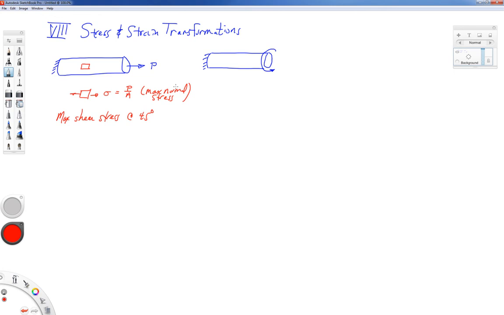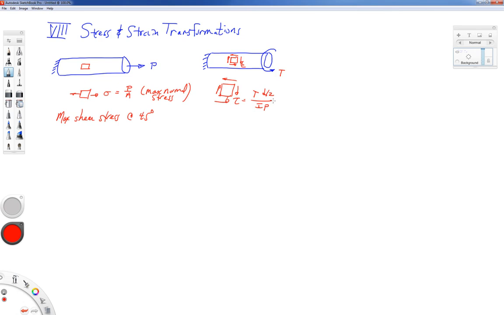So we went through and we talked about axial loading and so forth, and then we got into a section on torsion. And then we said, okay, let's take a look at a bar in torsion and calculate the stress state from a torque. Well, if this is my torque T, my shearing stress state will be on the outside of the bar given by the formula tau is equal to the torque times the diameter over 2 divided by the polar moment of inertia.